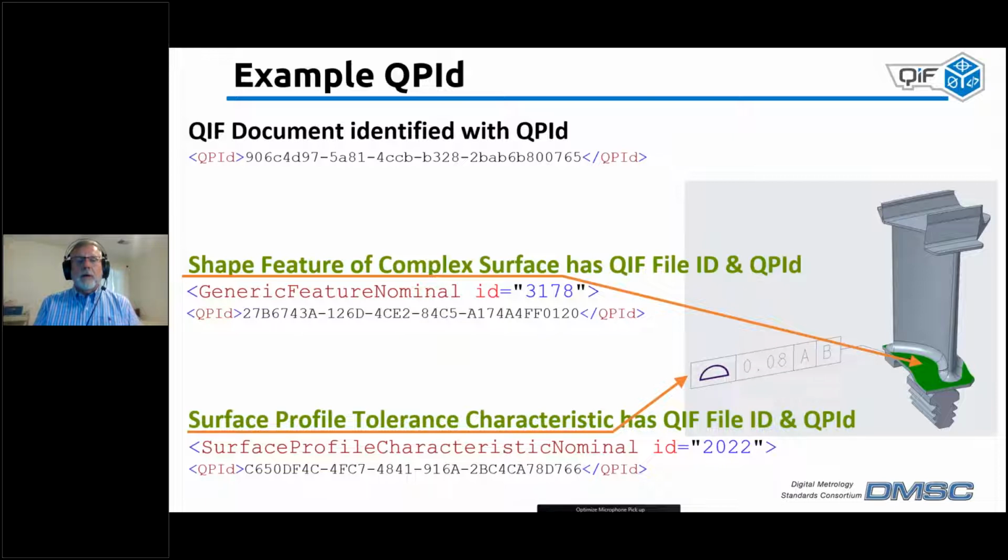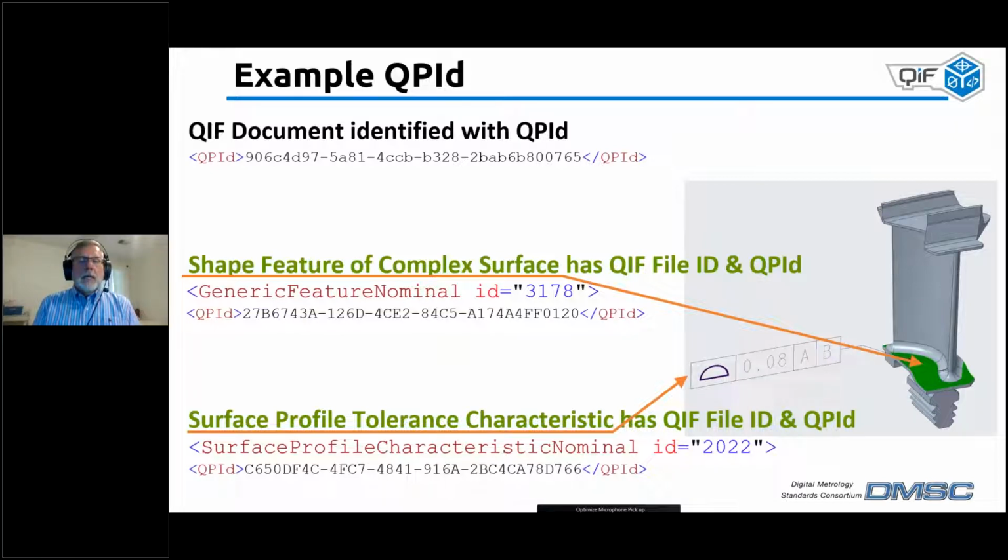In this case, we have a complex surface that internal to the QIF file has an ID. In this case, it's 3178, and it will be unique within that file. But if it's important for you to have a universal unique ID, you can optionally add a unique persistent UUID to that same surface feature as well.